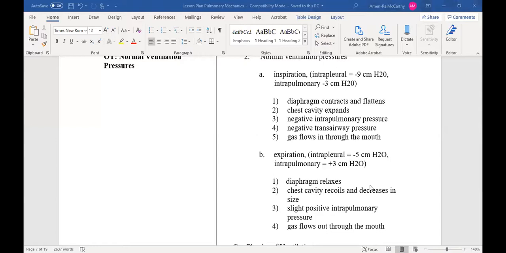But in between breaths, nothing's moving because the pressure is equal. There's an equalization of pressure between ambient and your lungs, so nothing moves. So don't make it harder than it is, guys. Just stay with it. There's no change in pressure. In between breaths, the pressures must be equal.